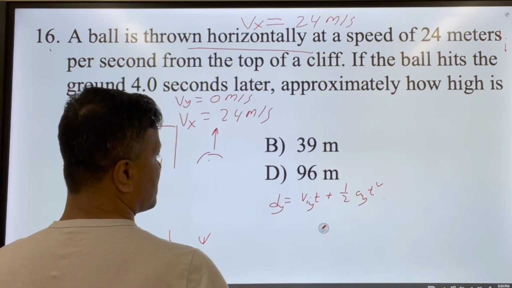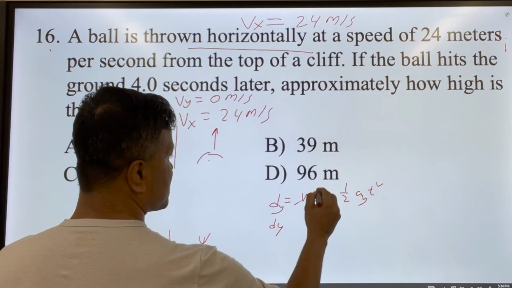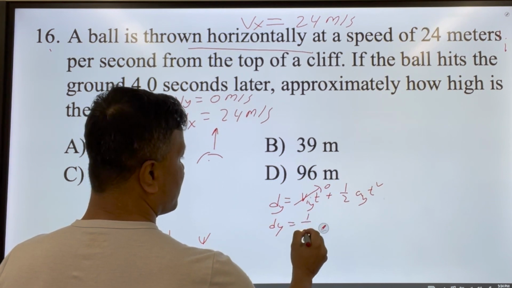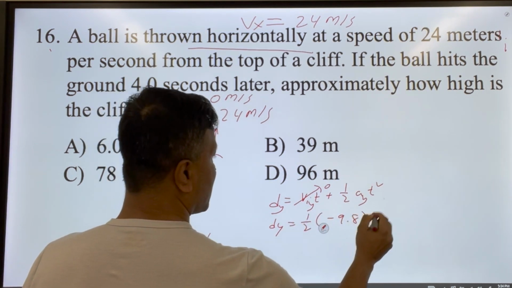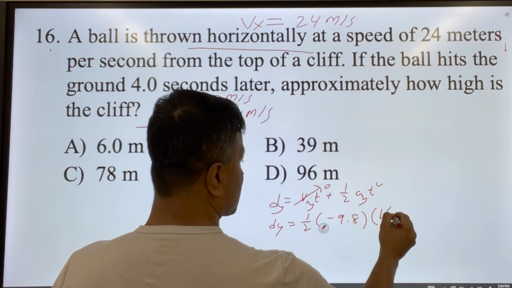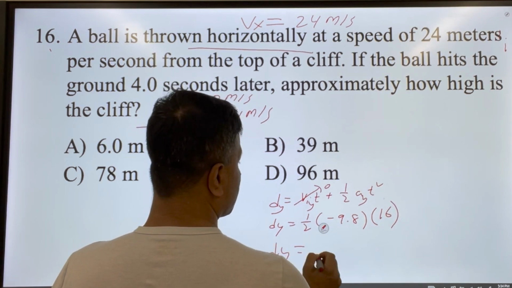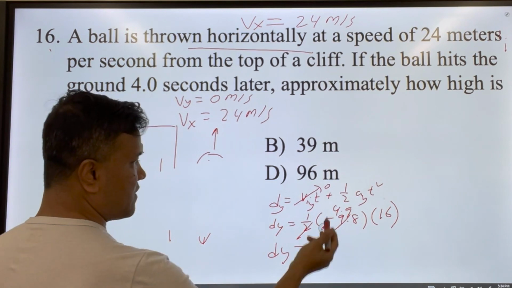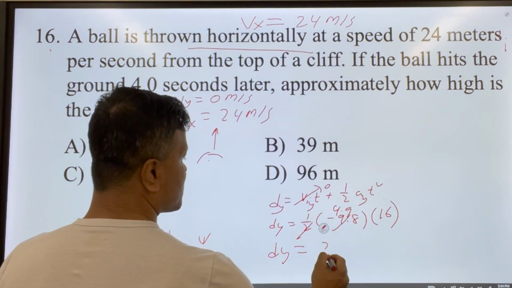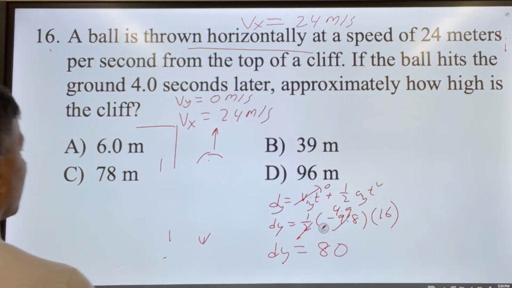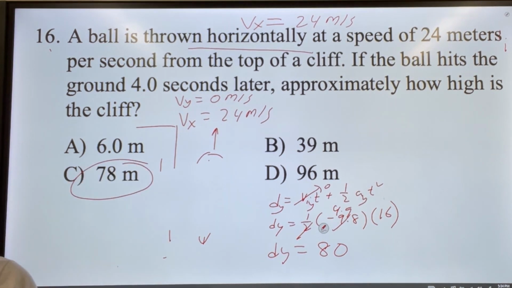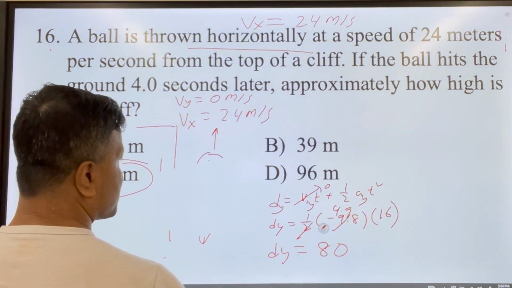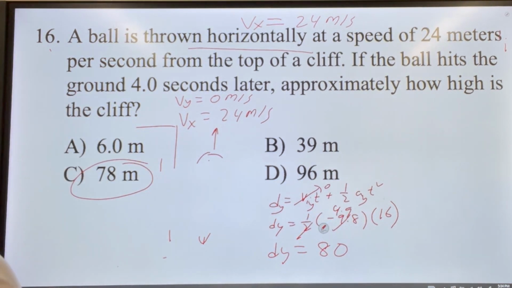Vy is 0, so this is half, times negative 9.8, and this is 4 times 4, which is 16. So dy is 4.9 times 16. 5 times 16 is 80, so it is almost 80 meter high, or you can say 78, because 4.9 times 16 is 78. That takes us to problem number 17.